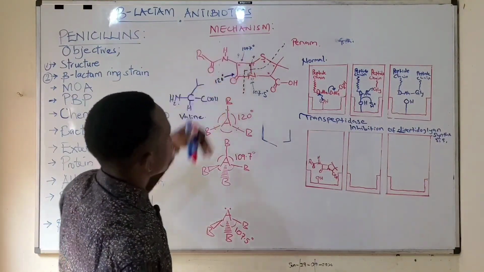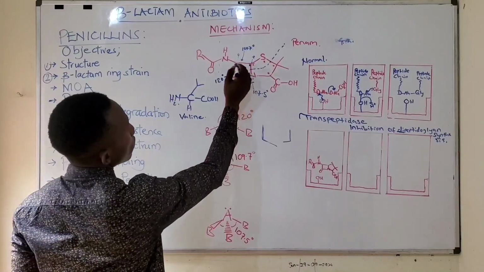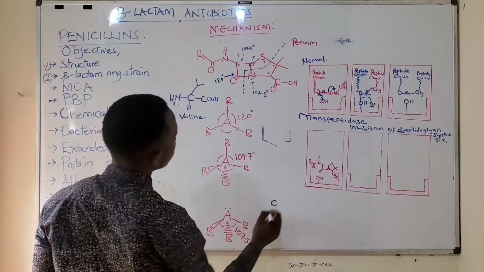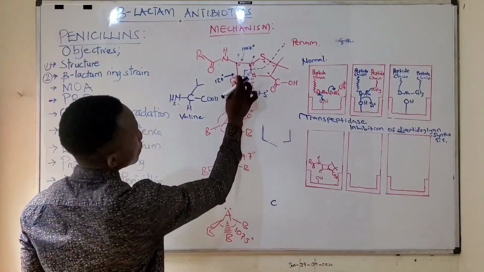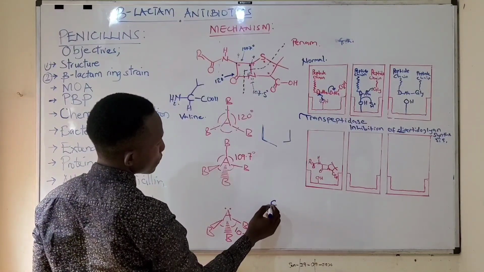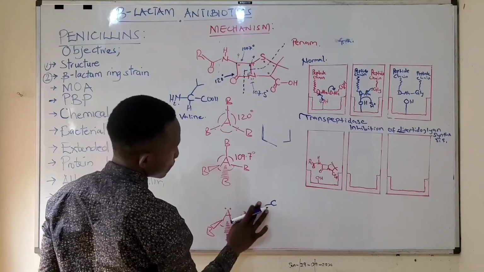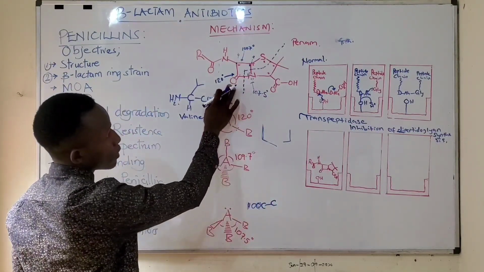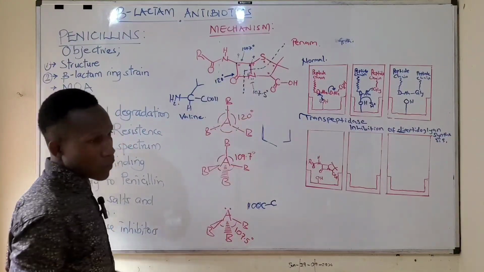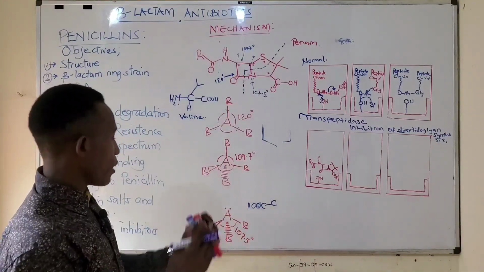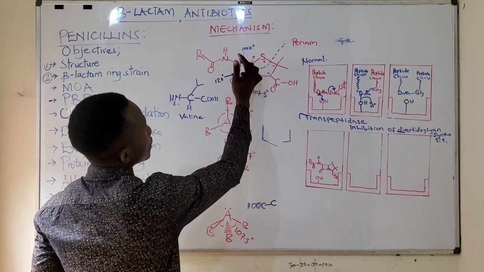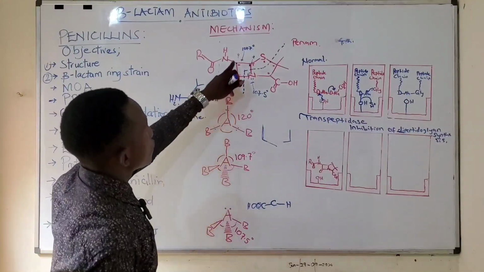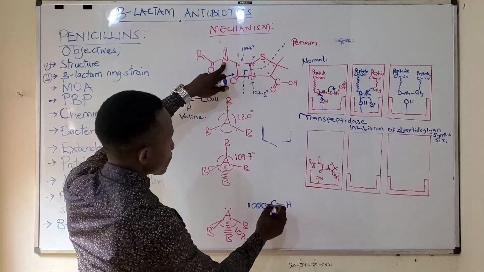When it comes to the upper part, there is this carbon. That carbon, put it here, it has a carboxyl group. Of course, as I said, this one has a carboxyl reacting with this one. Carboxyl and amine get the amide. Then there's a hydrogen there. There is an amine there.